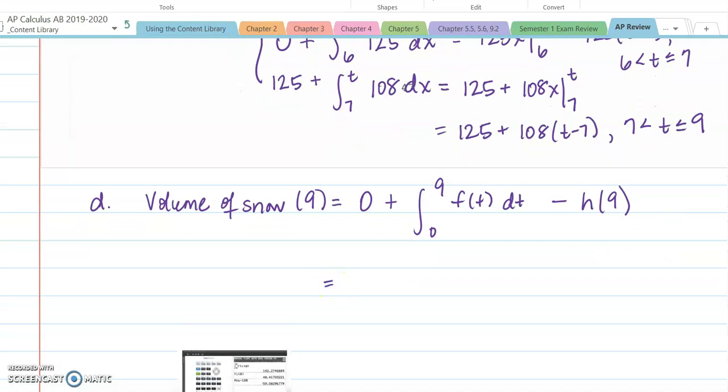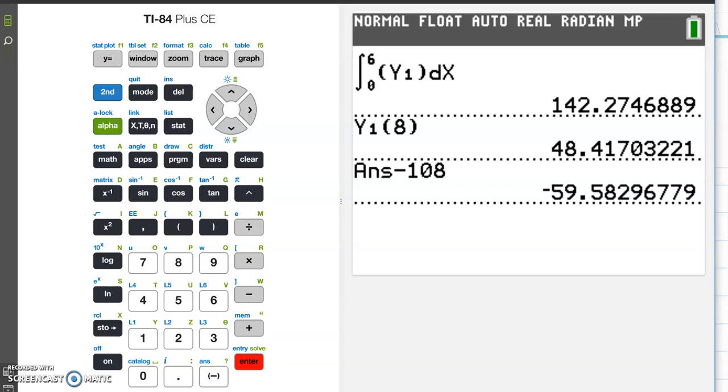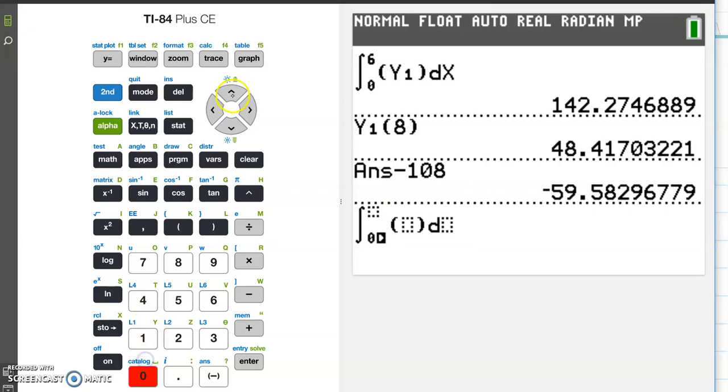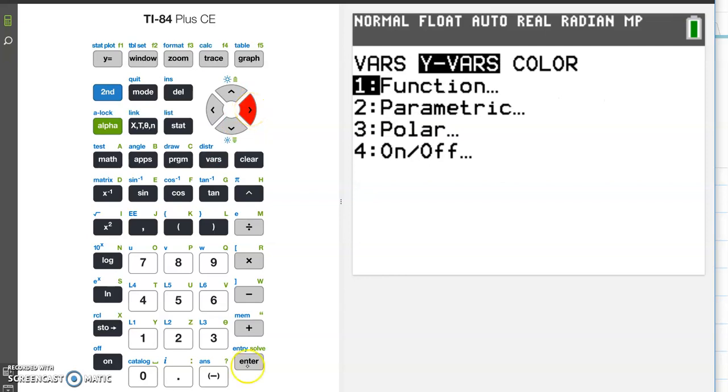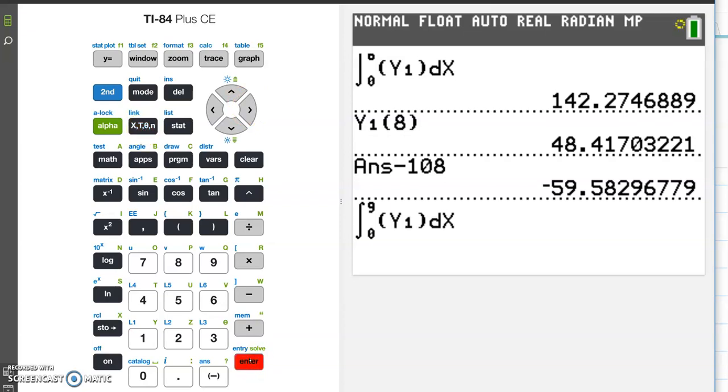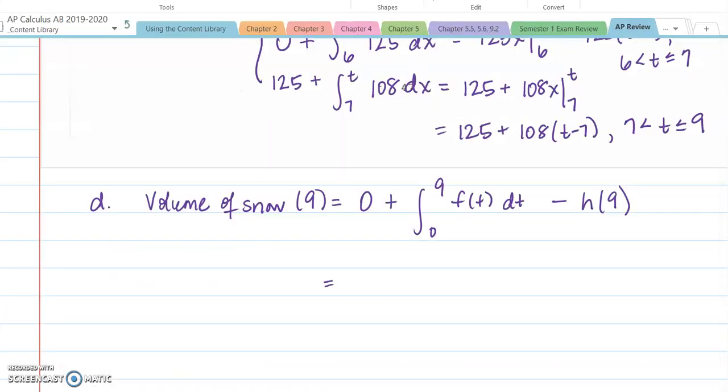So the integral from 0 to 9 is a number we can get on our calculator. So 367.3346 minus h of 9.